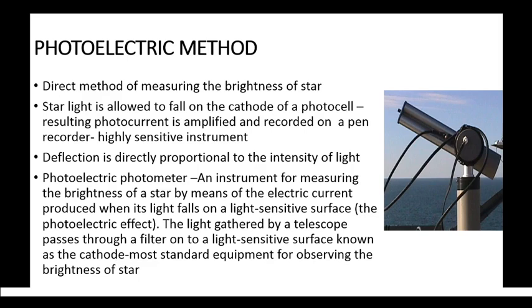In this telescope, we are placing this instrument so that the light gathered by the telescope passes through a filter and is incident on the cathode, from which electrons are emitted so that the resulting current is amplified and recorded. So this is the most standard equipment for observing the brightness of the star. This is the photoelectric method, in which we use a photoelectric photometer to measure the brightness of a star.